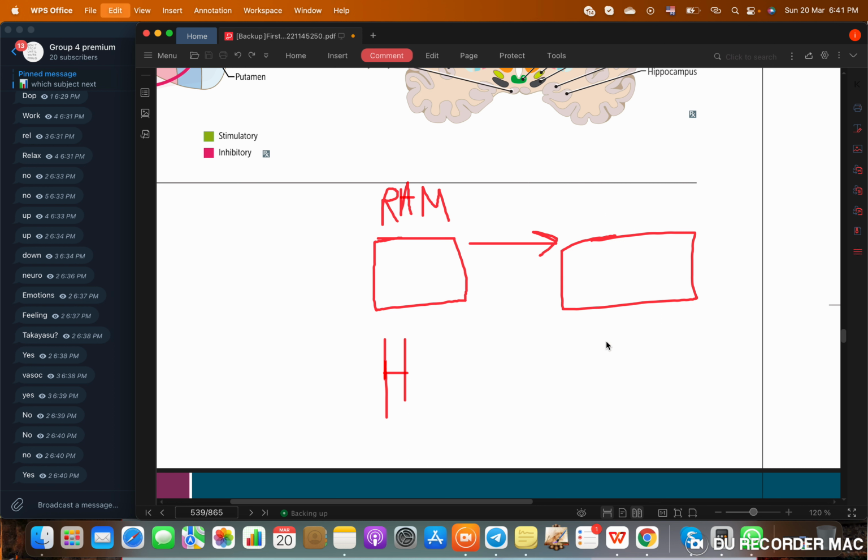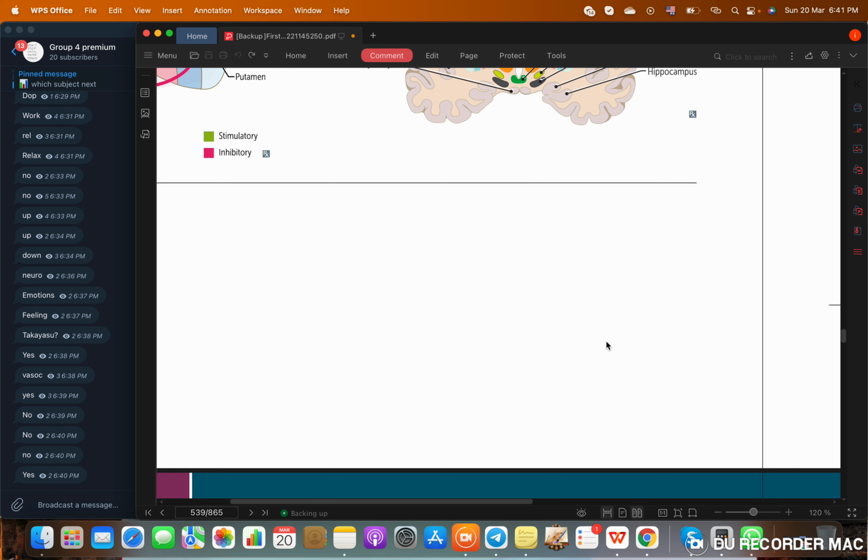Okay, let me repeat that. So again, we have something called the hippocampus. The hippocampus is for temporary memory, okay? So the moment you sleep, it gets erased. You have nothing in it. So where will that info go? The hippocampus will transmit that info from the hippocampus into the cortex, okay?